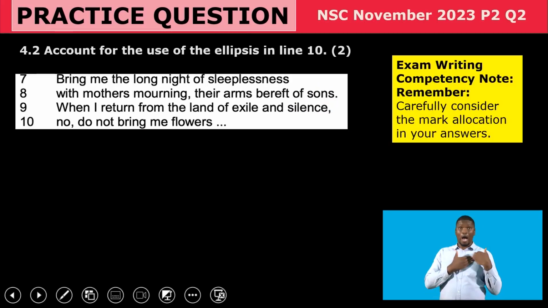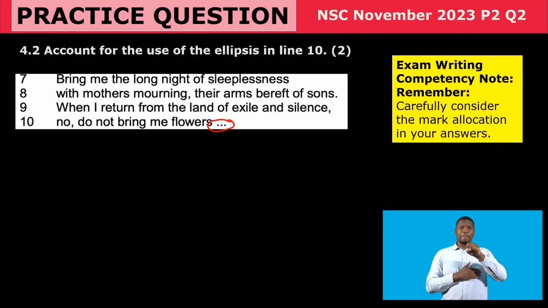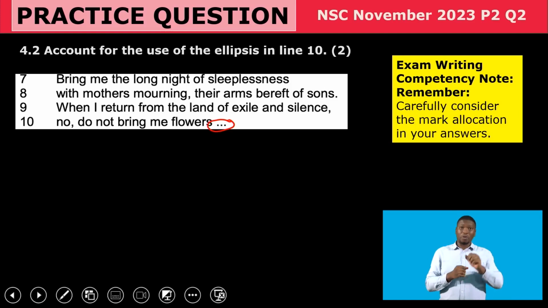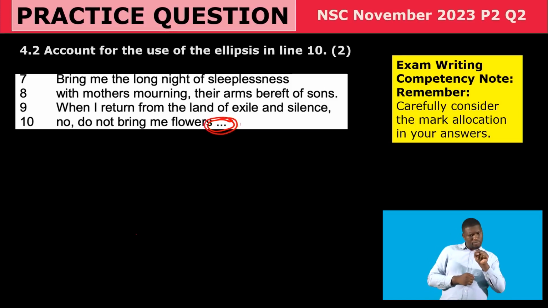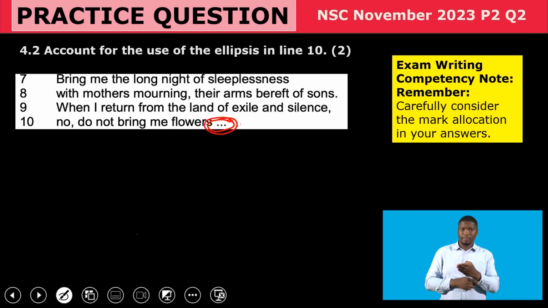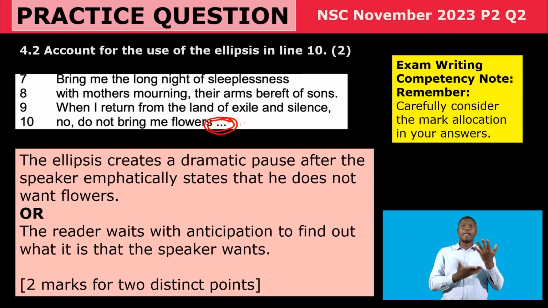Account for the use of the ellipses in line 10. "Bring me the long night of sleeplessness, with mothers mourning, their arms bereft of sons. When I return from the land of exile and silence, no, do not bring me flowers." So, the ellipsis specifically in the context of this line. The ellipsis creates a dramatic pause. If you know your punctuation, you will know that ellipsis creates a sense of a pause, and then it often brings focus to something.